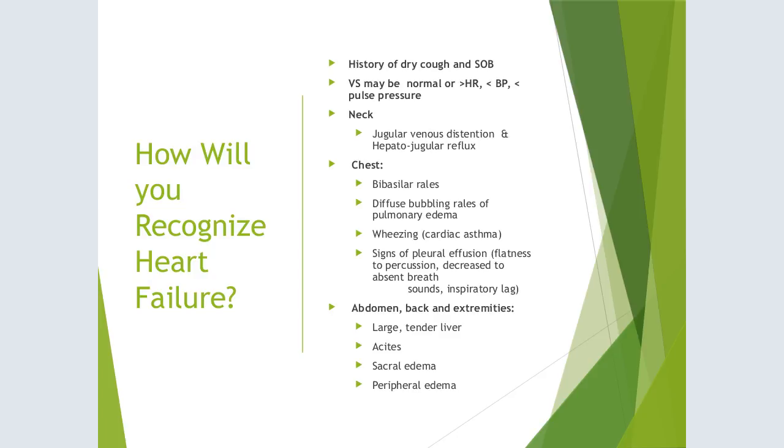You may see when they inhale, you may not hear them inhale. You may hear maybe an inspiratory lag. In other words, you don't hear it as quickly as they do it because the lungs are having trouble expanding. Okay. The liver may be enlarged, tender to palpation, ascites may be present, sacral edema may be present, peripheral edema usually present.